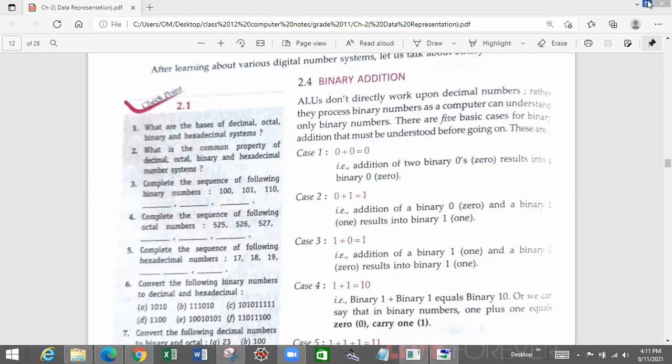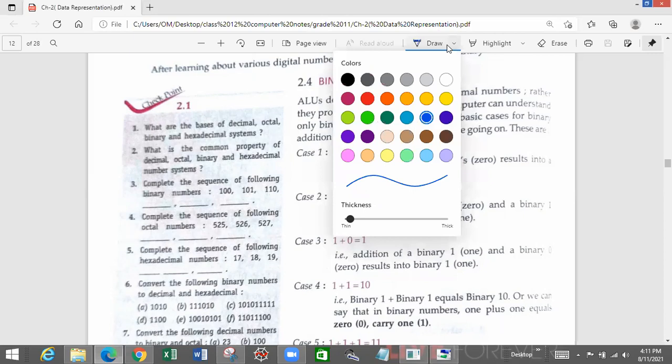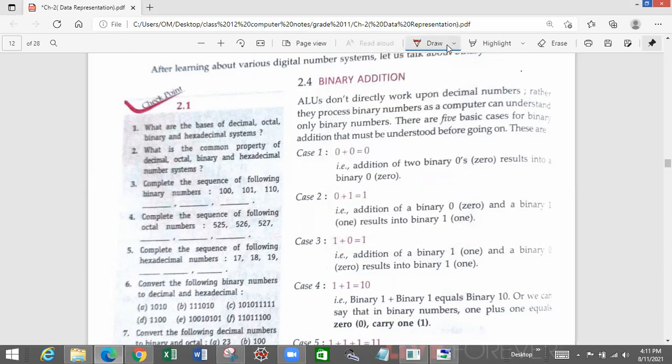When we talk about binary arithmetic, we are basically talking about four operations: binary addition, binary subtraction, binary multiplication, and binary division. The last three will not be taught in this syllabus; they are outside the scope of this book. But binary addition, we have to learn.